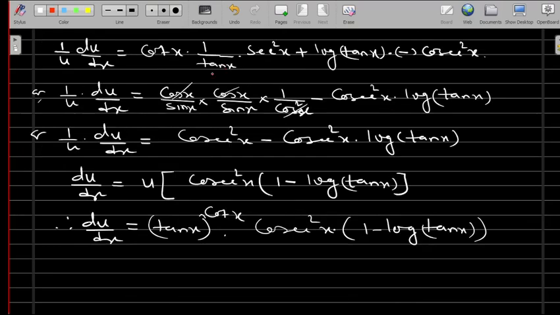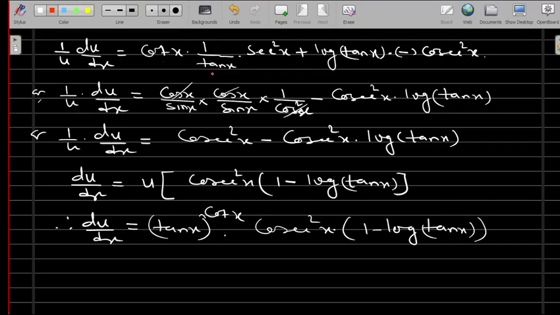The second term is log tan x; its derivative is 1 by tan x into the derivative of tan x, which is sec square x. Plus log tan x is no change, and the derivative of cot x is minus cosec square x.